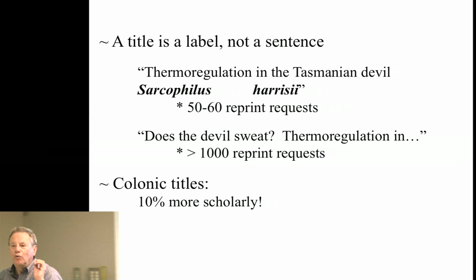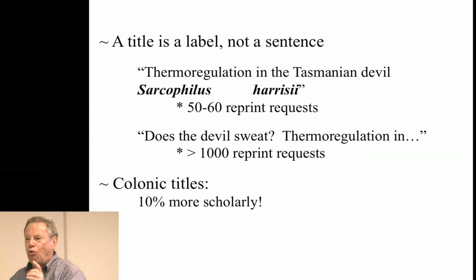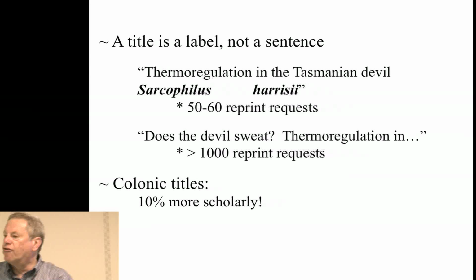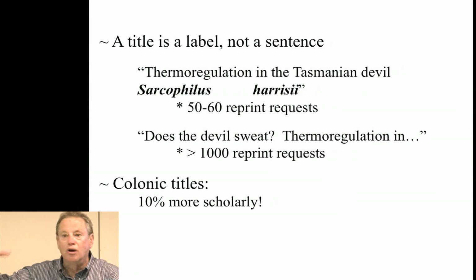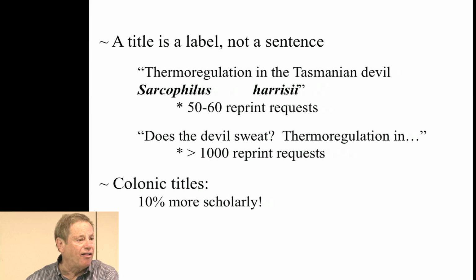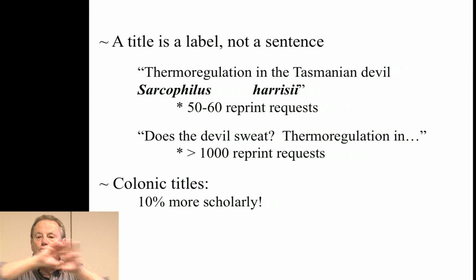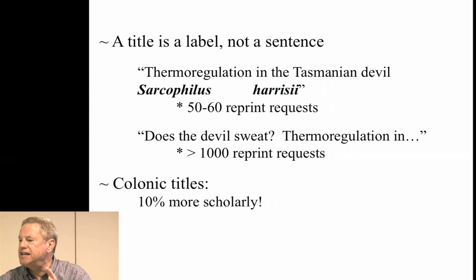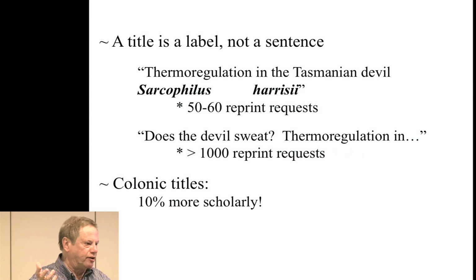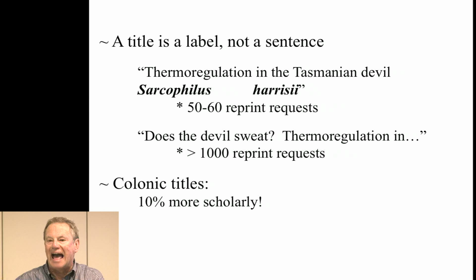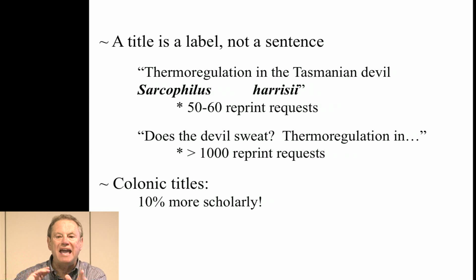And I want to give you an example of how important a title can be from a physiologist, a person that's doing the physiology of animals in Australia. His entire career, he worked on the physiology of temperature regulation, of thermoregulation in these little Australian animals that are called Tasmanian devils.